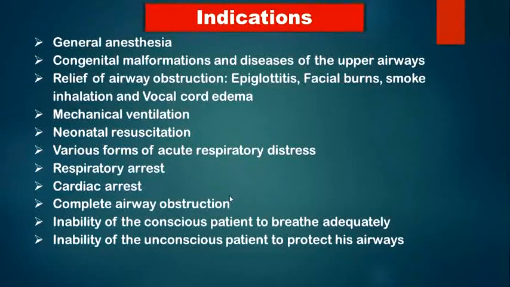Or a conscious patient who cannot breathe adequately, like here in the critical cases of COVID-19, when the saturation becomes low and there are signs of acute respiratory distress, severe hypoxia, and signs of impending respiratory failure. The decision is to do mechanical ventilation, and firstly you have to intubate the patients. But of course, for everything there are indications and there are contraindications.